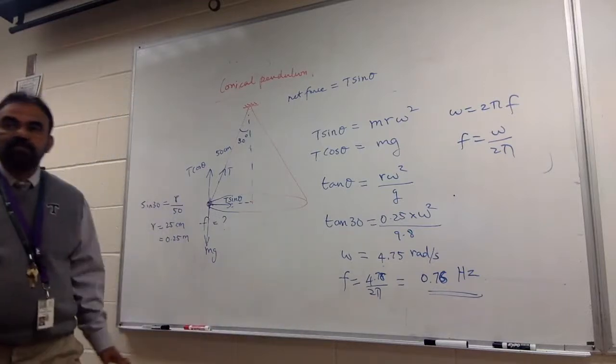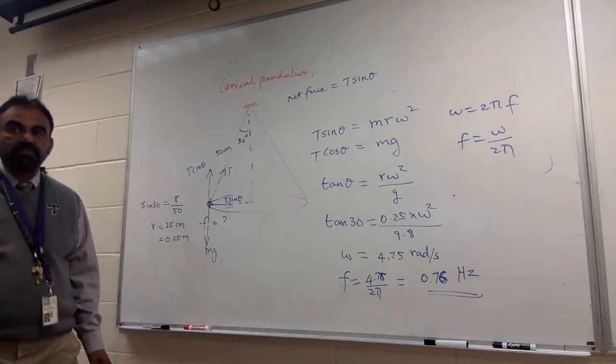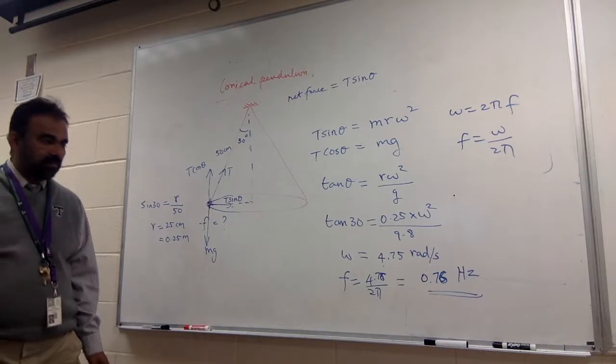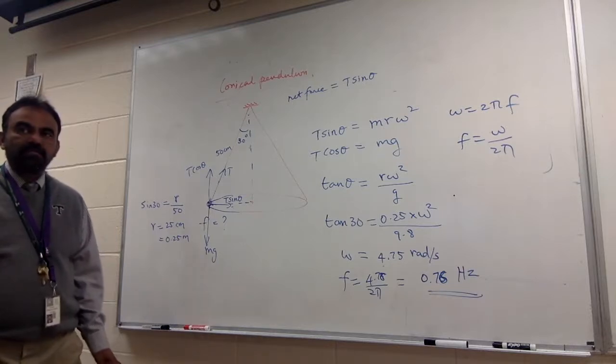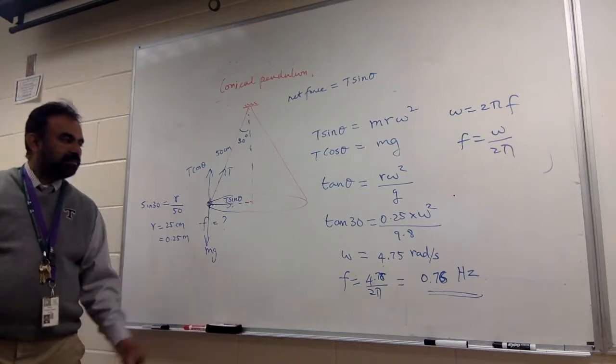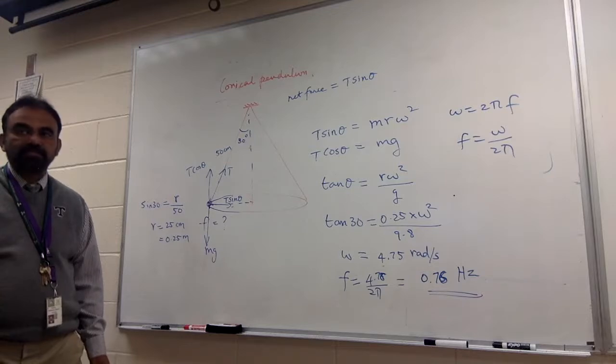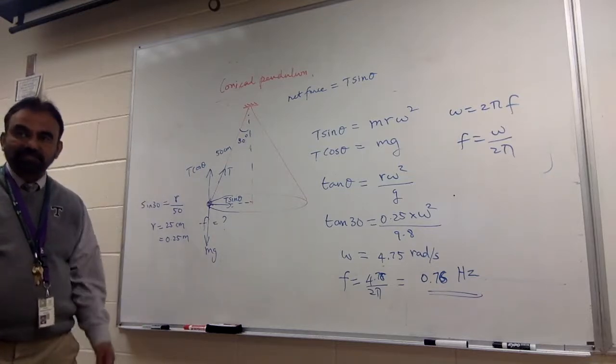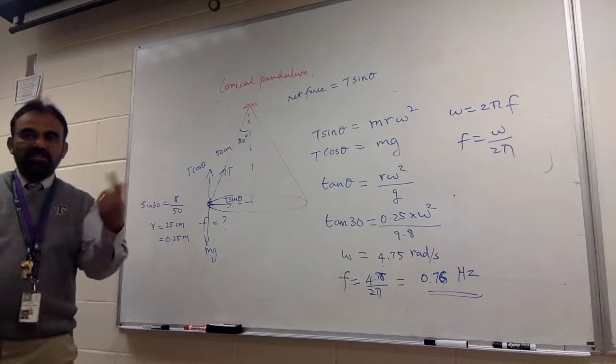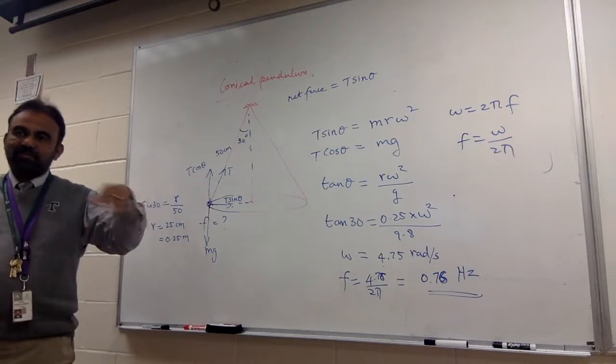Yes, so you don't need to know the mass. You don't need to know the velocity to calculate that either. Will the velocity always be the same for the radius? Like the velocity and radius are proportional? It's connected, but not proportional, because the angle changes. If the radius changes, then the angle automatically changes.